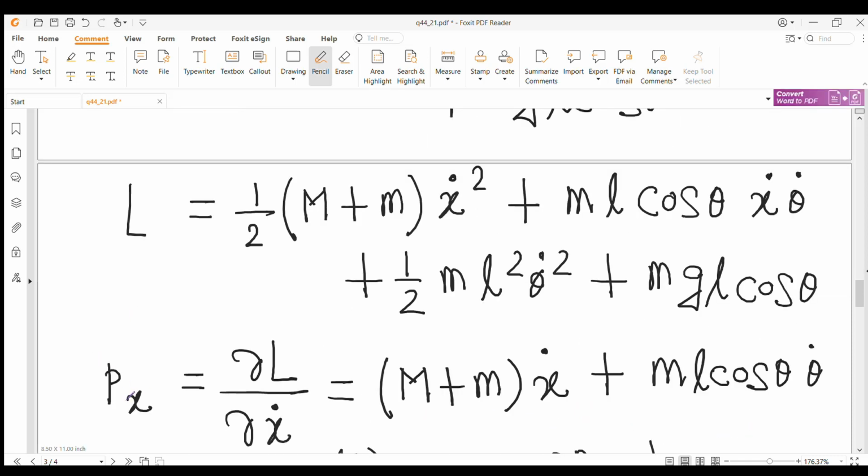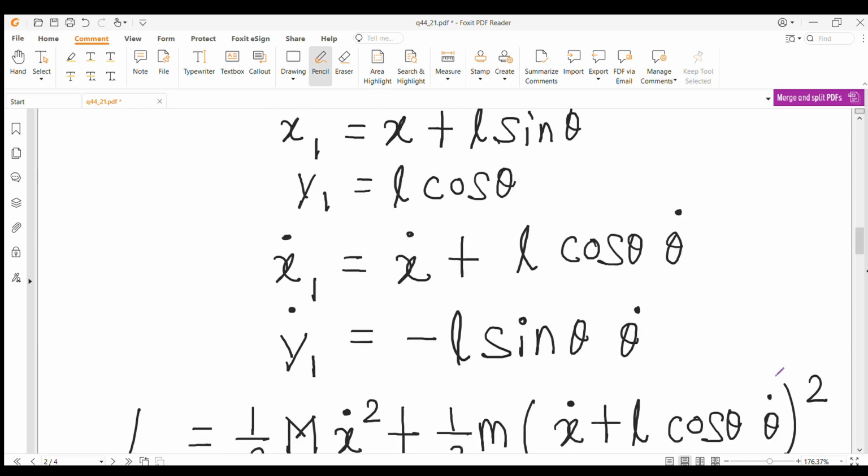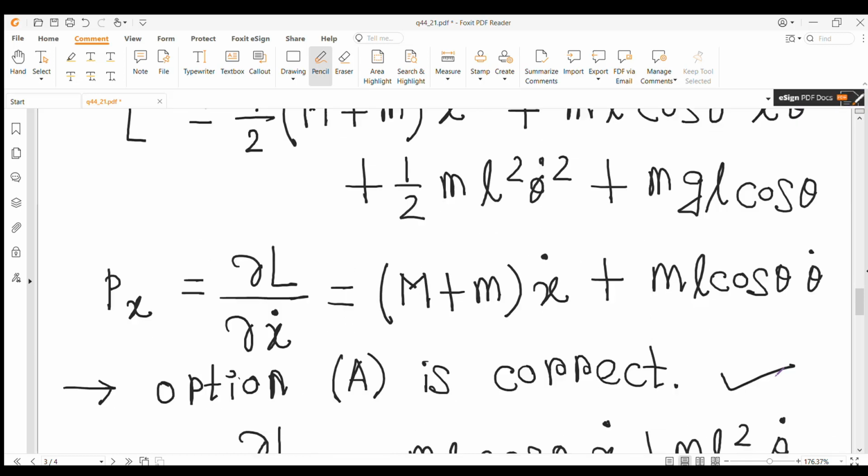Now the generalized momentum corresponding to x, px, is equal to del L del x dot, which turns out to be capital M plus small m into x dot plus small m into L into cos theta into theta dot. In option A, it is given that px equal to capital M plus small m into x dot plus small m into L into cos theta into theta dot. So option A is correct.